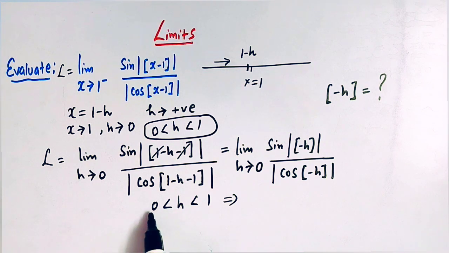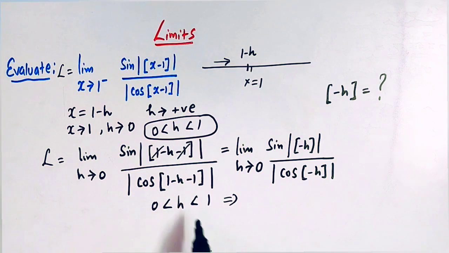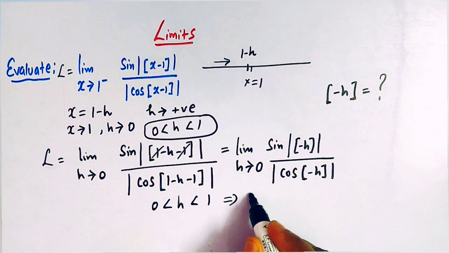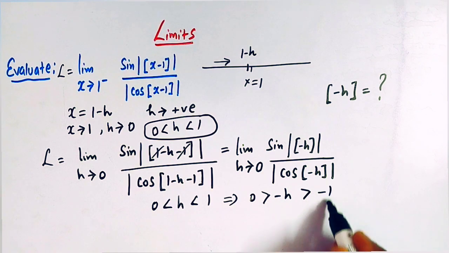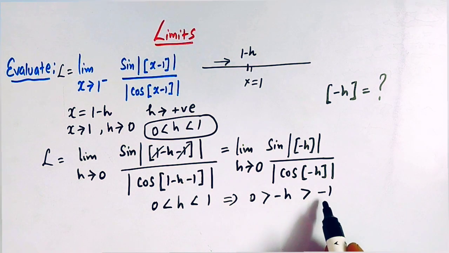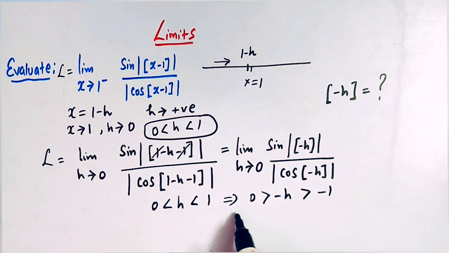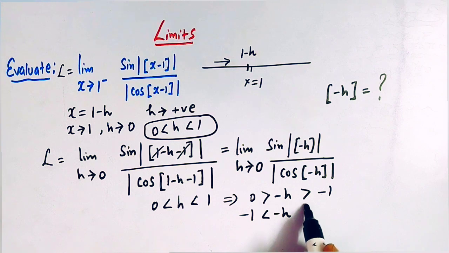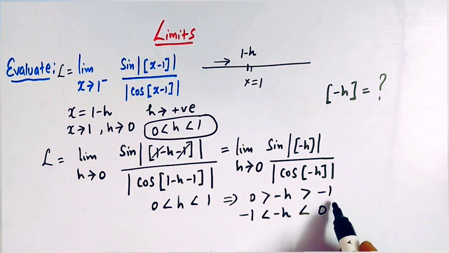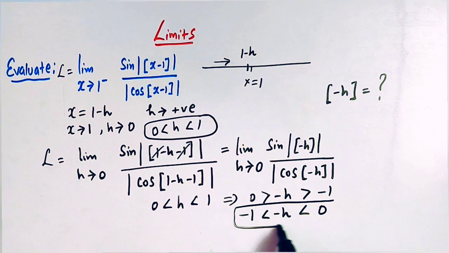Once we multiply by minus 1, the direction of the inequality gets reversed. So we have 0, minus h, and minus 1. This can also be written as minus 1 less than minus h less than 0. This is also a very important inequality.